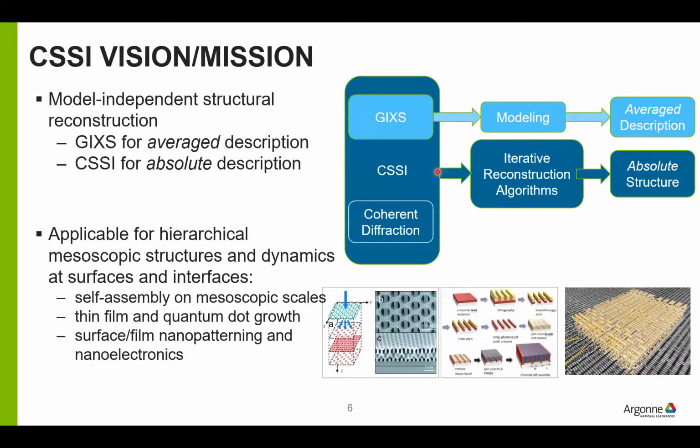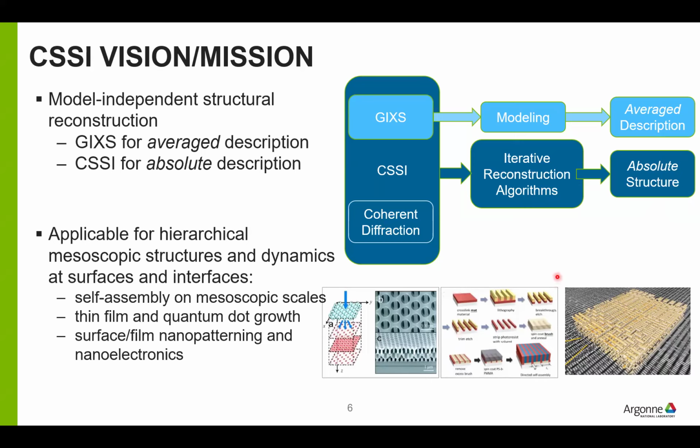With coherent surface scattering imaging, because you're relying on the coherent properties of the beam, we can apply iterative reconstruction algorithms so that we can invert the phase problem and basically recover, from the scattered intensity, the absolute structure of whatever the mesoscopic, microscopic structure is on the surface or at buried interfaces.